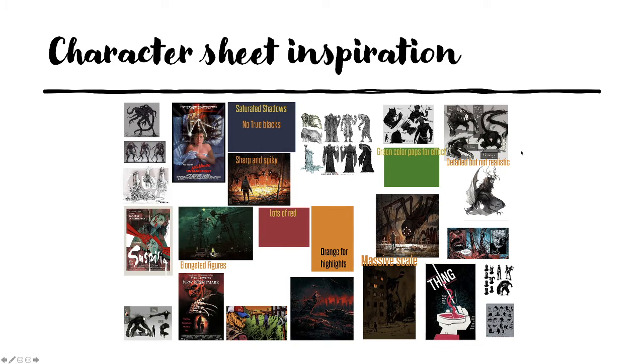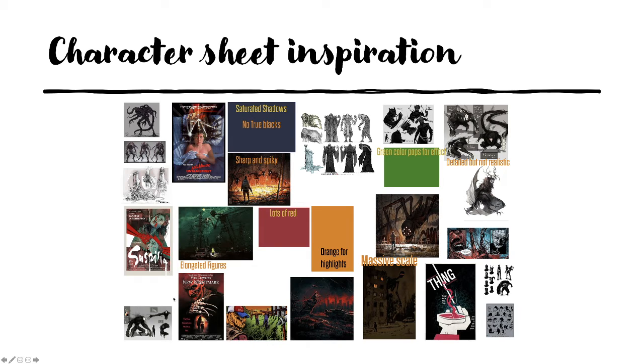So they will be more like these character sheets here and here and also here, rather than the static ones like this. I included colors that I knew would make it into the project in one form or another. Some descriptors here, green color pops for effect, sharp and spiky, whatnot.